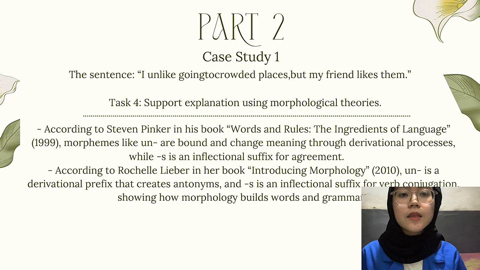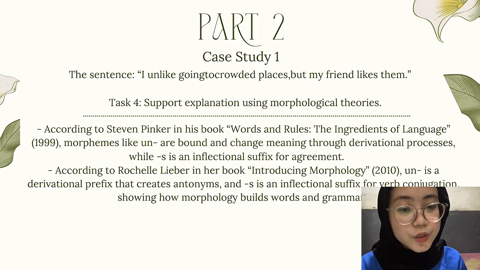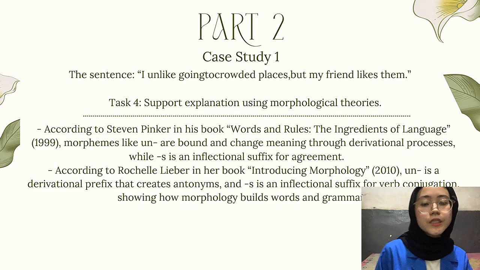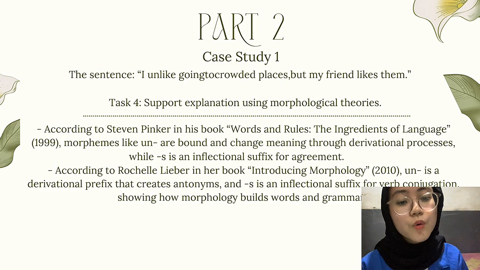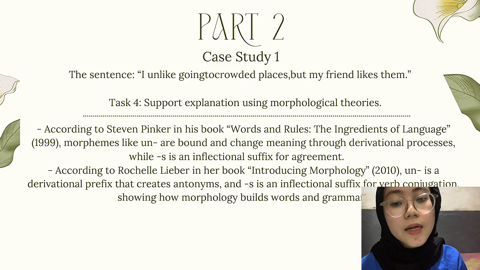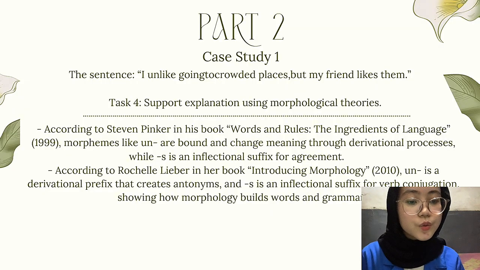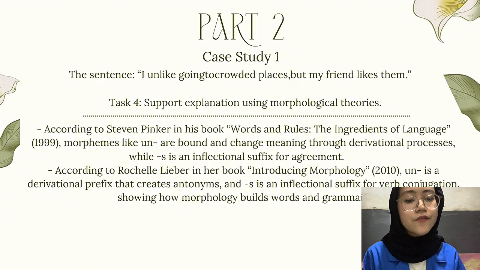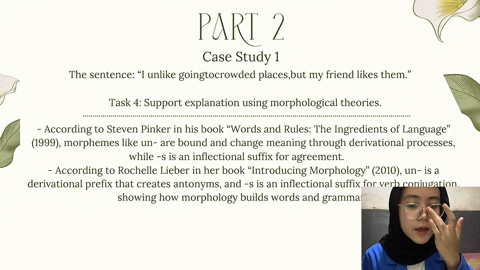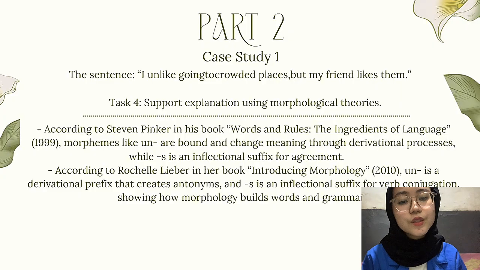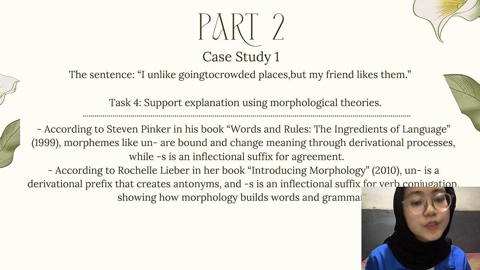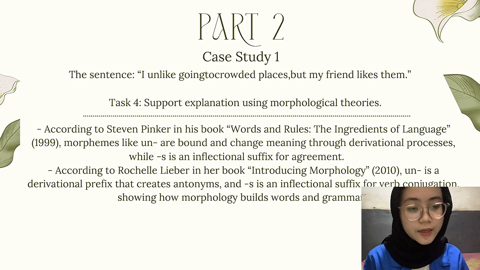And then task 4 is to support the explanation using morphological theories. According to Steven Pinker in his book Words and Rules: The Ingredients of Language, 1999, morphemes like un are bound and change meaning through a derivational process, while s is an inflectional suffix for agreement. And the second theory is according to Rochelle Lieber in her book Introducing Morphology, 2010.